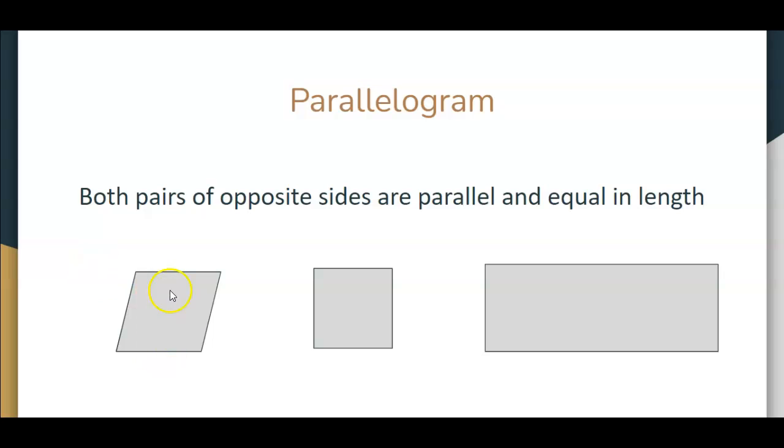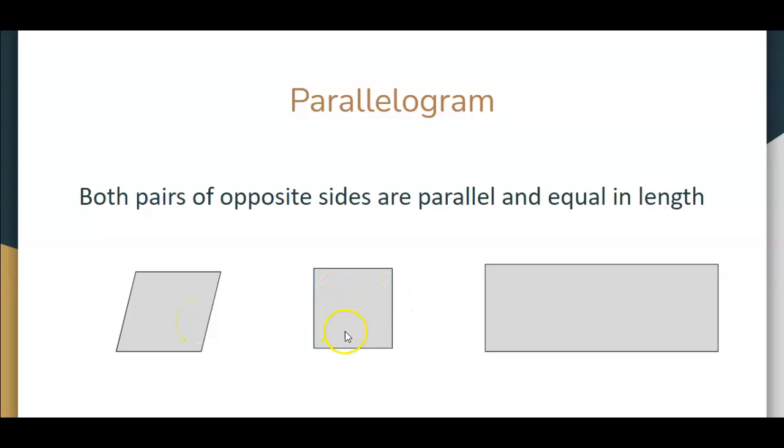So when I look at this rhombus here, the top and the bottom never meet. The sides never meet. But also the top and the bottom are equal and the sides are equal length.